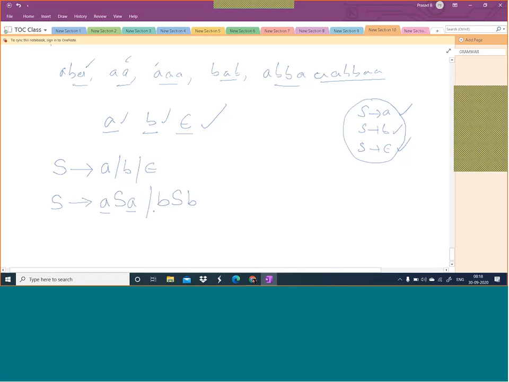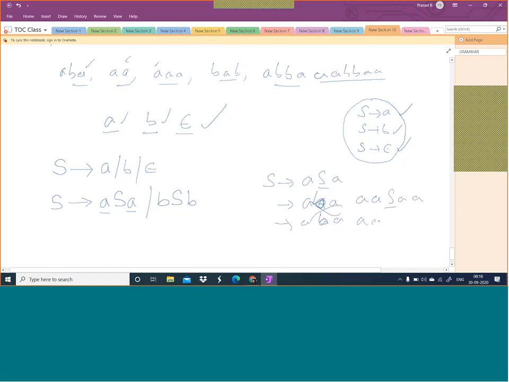Let us check. I start with S and take ASA. In the S place we can substitute ASA or BSB or A or B or epsilon. If I substitute epsilon, then AA is a palindrome. If I substitute A, then AAA is a palindrome. If I substitute B, then ABA is a palindrome. Otherwise, in the S place I substitute ASA and then epsilon, A or B, and it will be a palindrome.